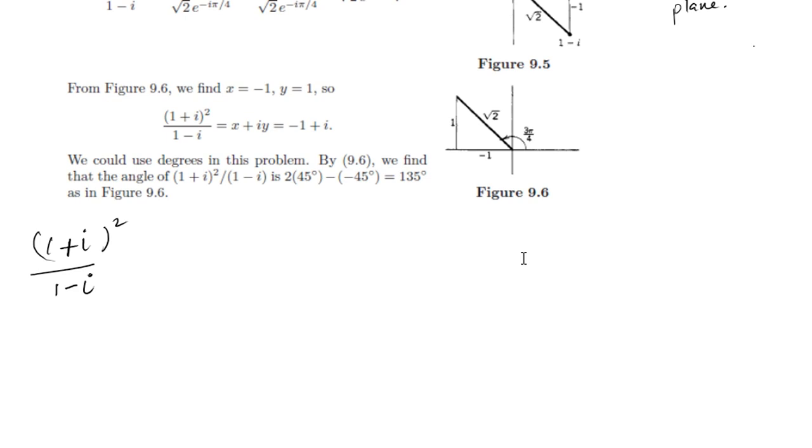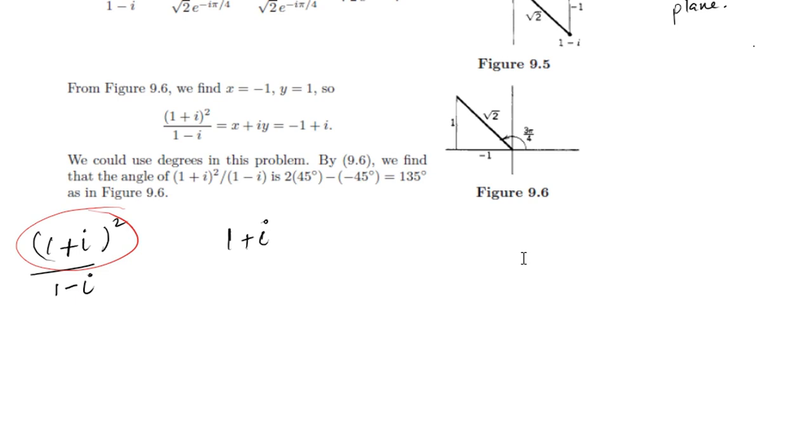So let's take the first complex number, that is (1 plus iota) squared, and we just take its portion that is inside the square. So initially we take this one, and that is basically 1 plus iota. So let's see what is 1 plus iota.